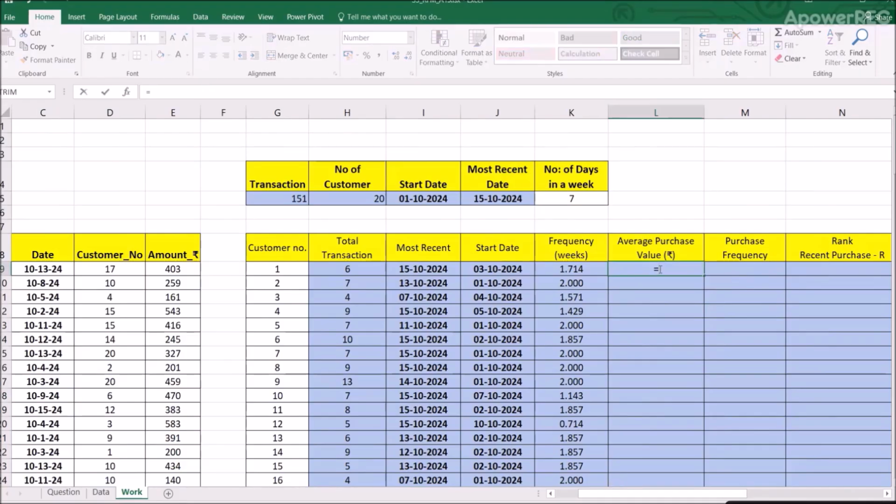Now, let us calculate the average value purchase of every customer. The logic is to add the amount purchased of all the customers with reference to their individual transactions and then divide by frequency.